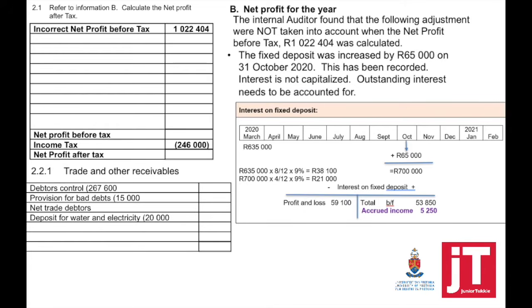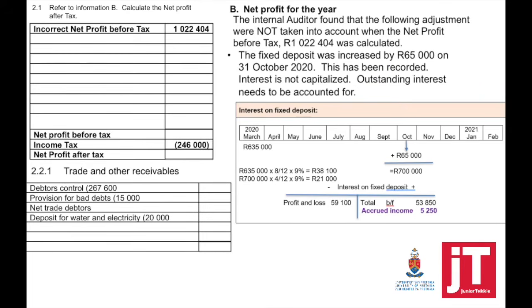So when we look at the calculation, it's important to understand the following. From the pre-adjustment trial balance, the total fixed deposit is 700,000. I cannot calculate interest on 700,000 for 12 months at 9% because the fixed deposit was increased by 65,000. This means that my balance from the beginning of the accounting period was different. So how do I calculate the interest? Very important to notice that this has been recorded.